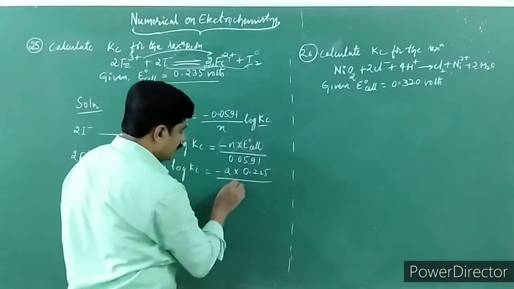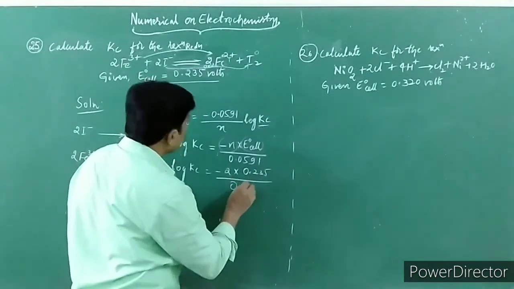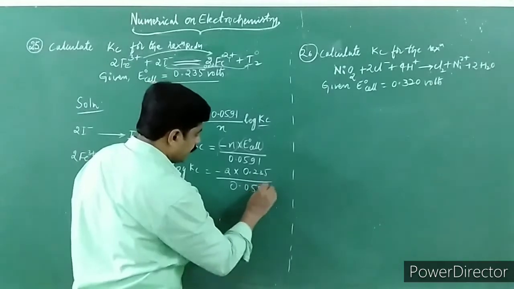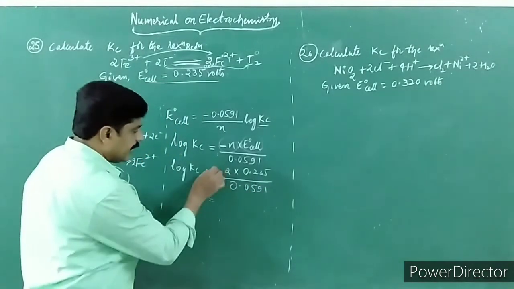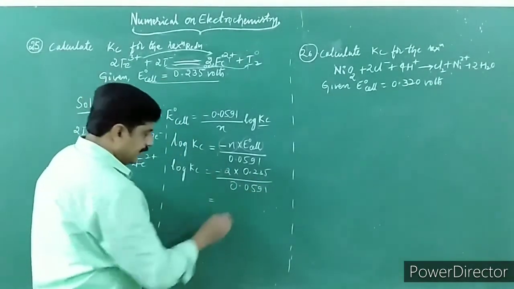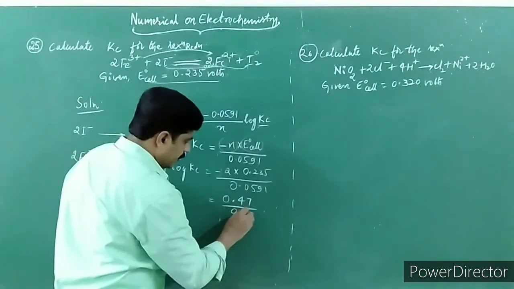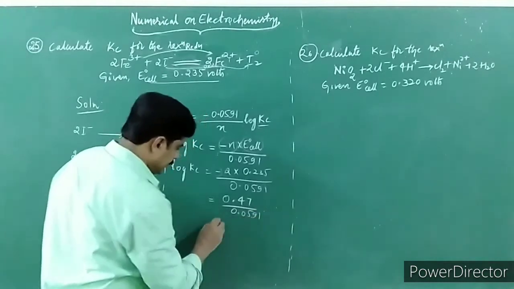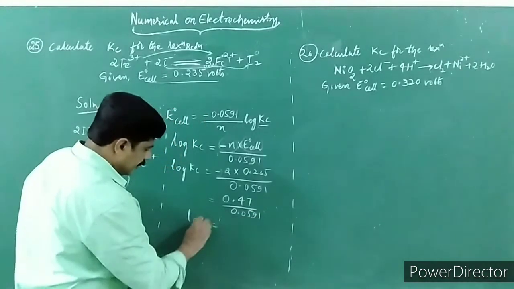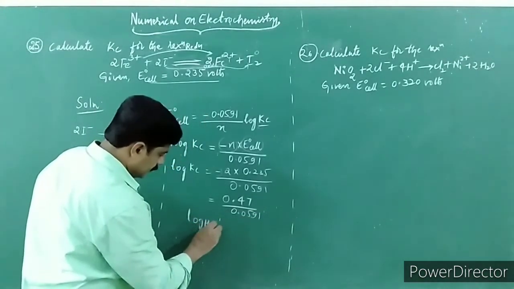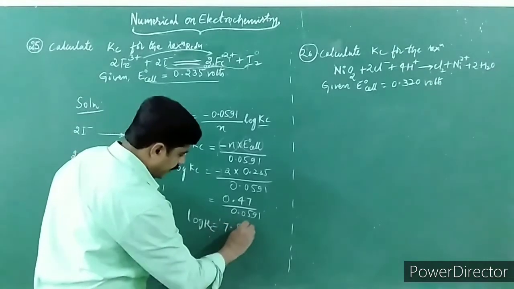0.235 volts upon 0.0591. Children, you should neglect this minus sign here. If that is the case, you are going to get 0.47 upon 0.0591. Children, if we simplify, log Kc is equal to 7.95.